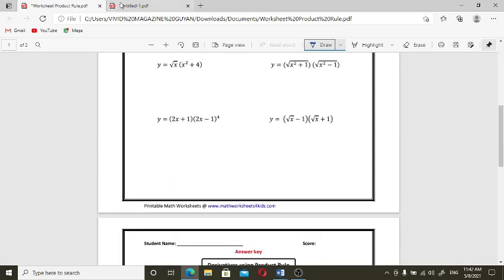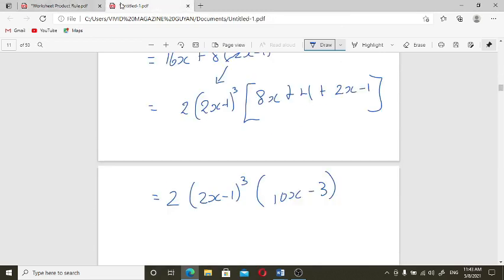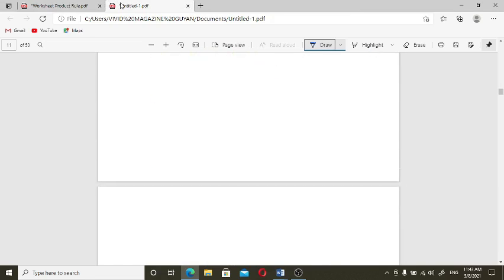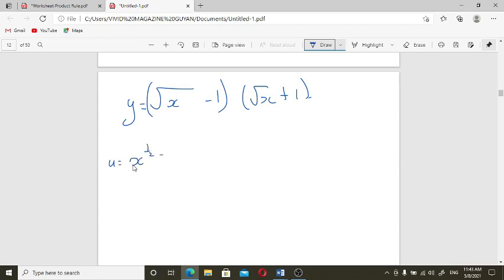Yeah. Alright, this one is actually a whole lot easier than it panned out to be. It looks like a headache, but it's actually not. So y is equal to the root of x minus 1 times the root of x plus 1. So u is equal to, I'm just going to write it how it's supposed to look, the root of x minus 1, and v is equal to x to the half plus 1.